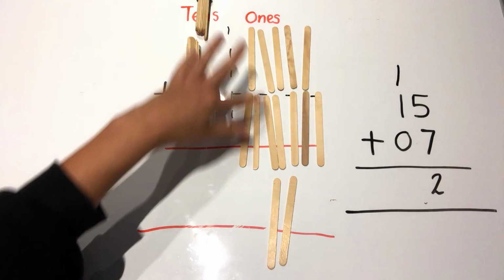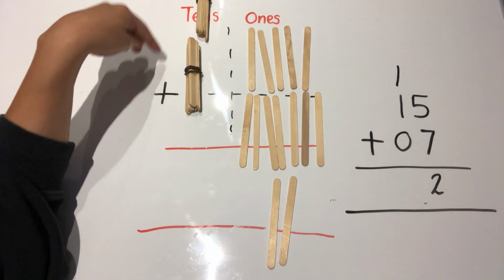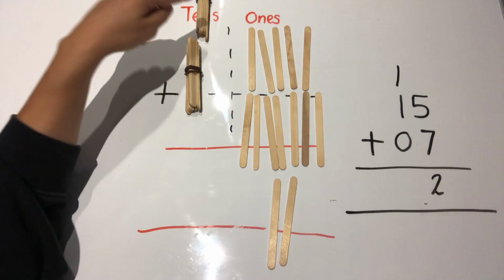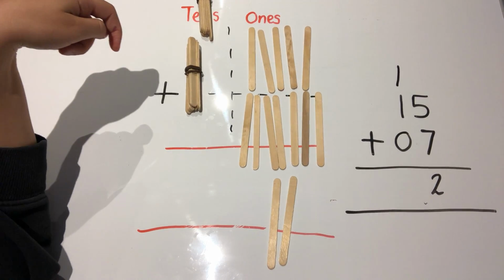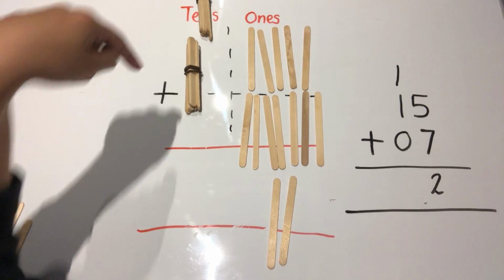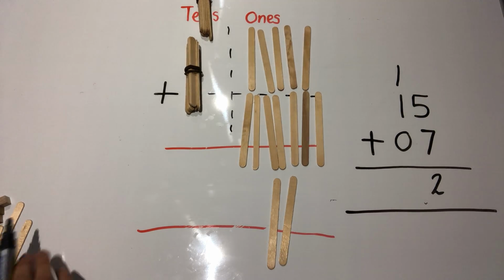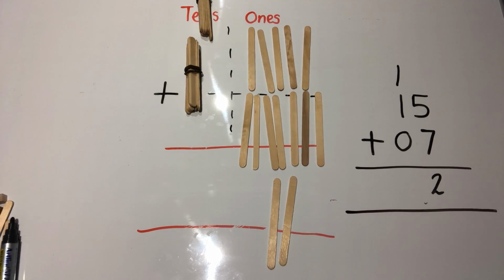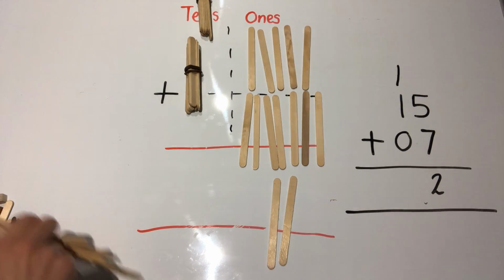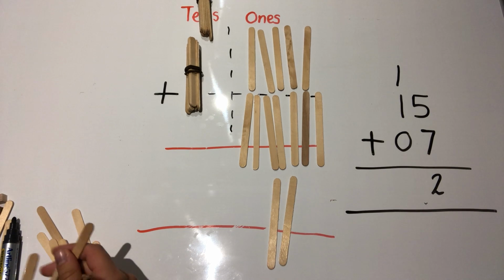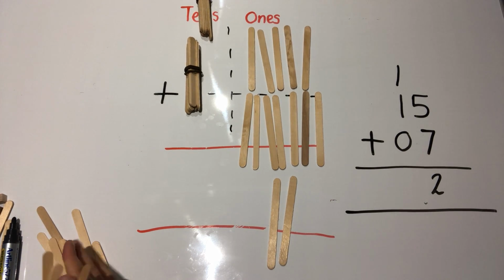So now we move along and we've got 1 ten, add another. So it's saying 1 plus 1, which is 2. So we would get 2 more bundles and we've bundled them up. And we remember we need 10 ones in a bundle.